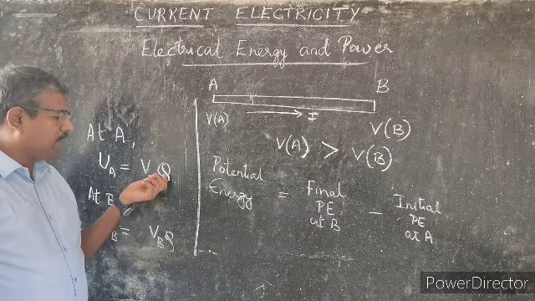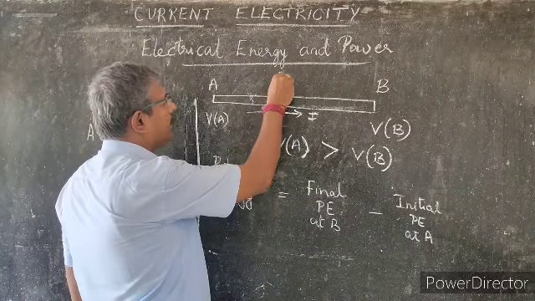Assuming Q charges have flowed between A and B over a period of time delta t.